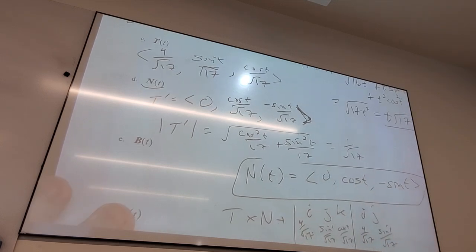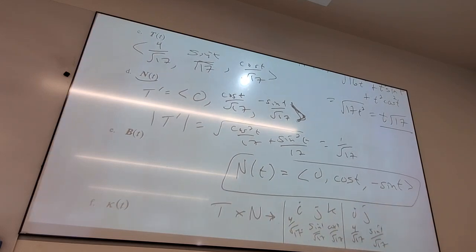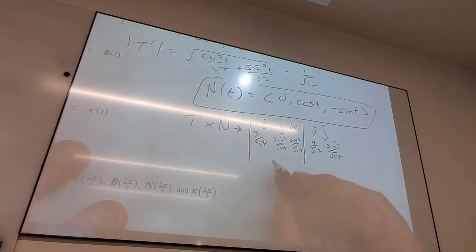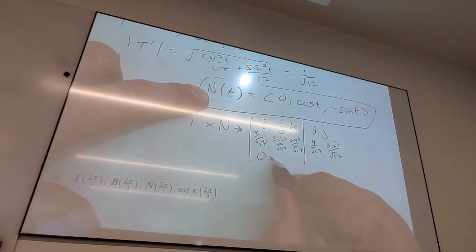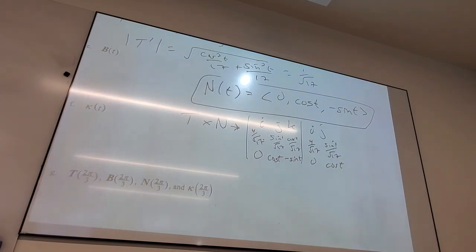What did you write after the N? Oh, it's a little arrow, sorry. It's trying to be a little arrow, poor little guy. And then I want N, which we just did: 0, cosine, negative sine. So it feels like this should come out decent.